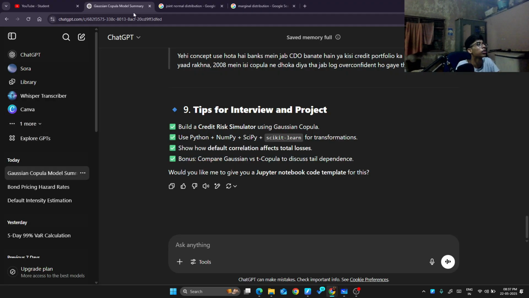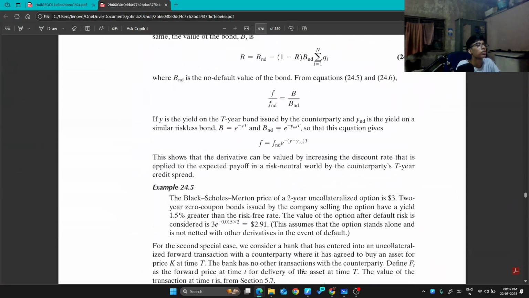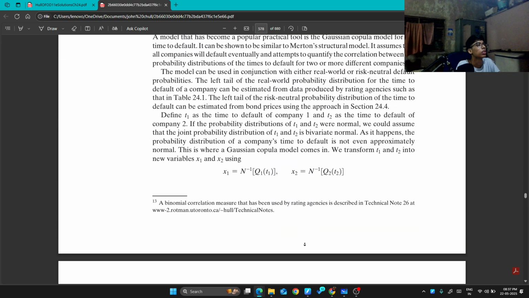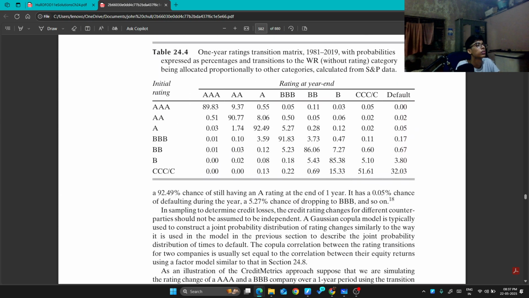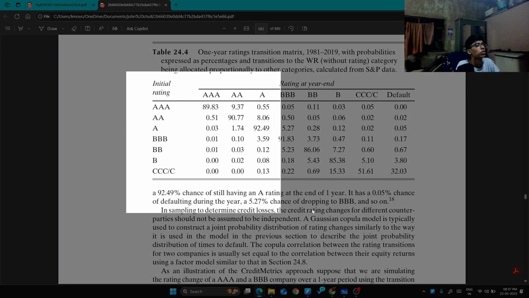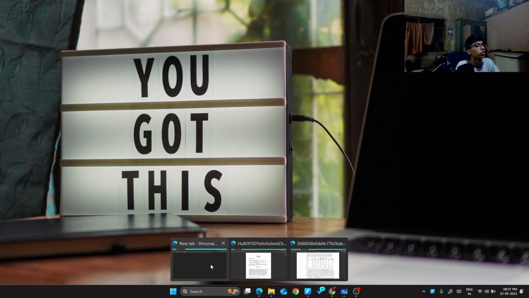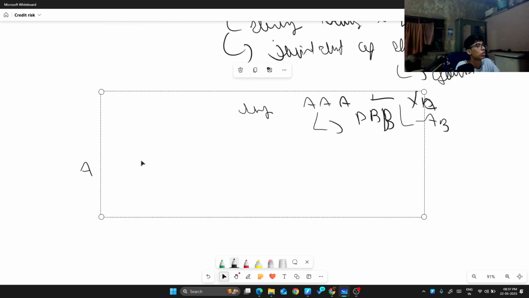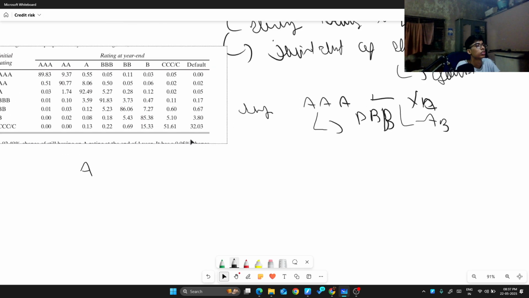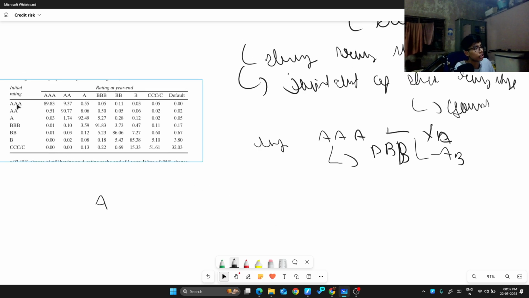Let me show you the transition matrix table in the book. Where is the transition matrix table? So you can see the transition for triple A is 89.